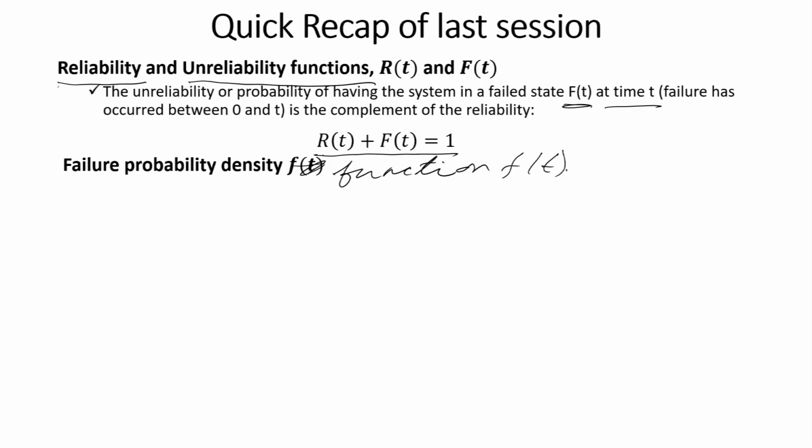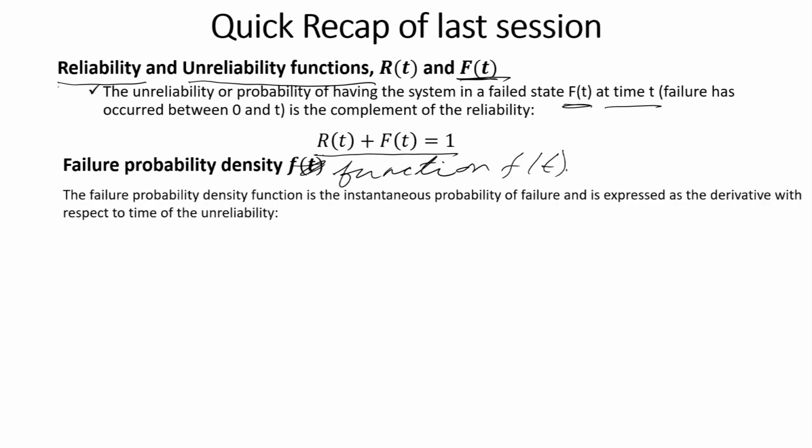If we have the probability of failure, F(t), the cumulative probability function, then I can find the probability density function just by differentiating this with respect to time, since here time is my random variable.